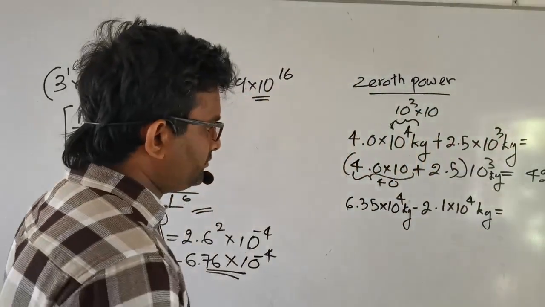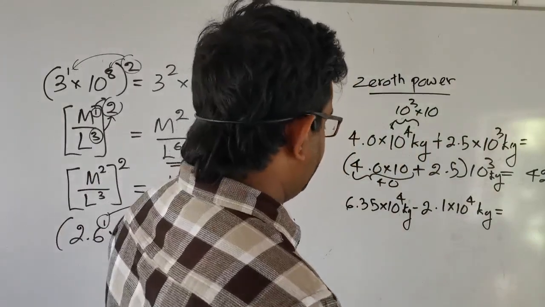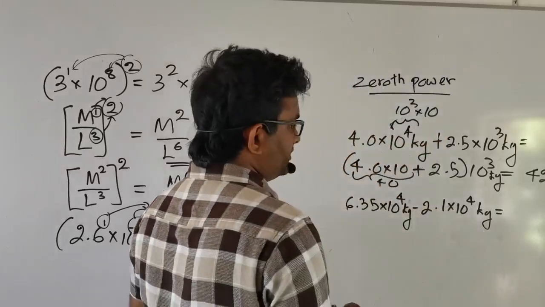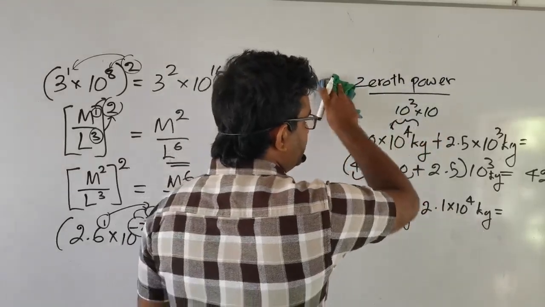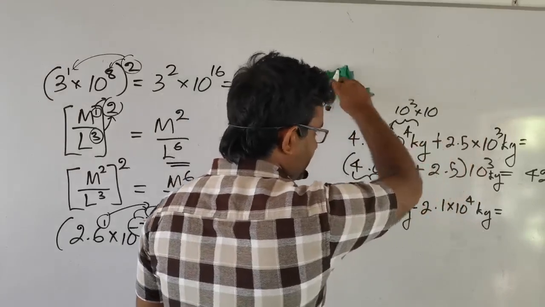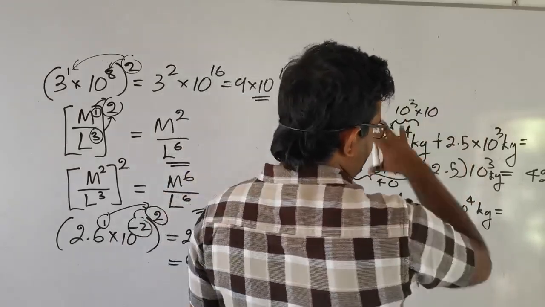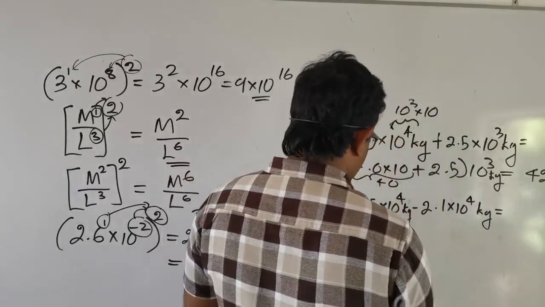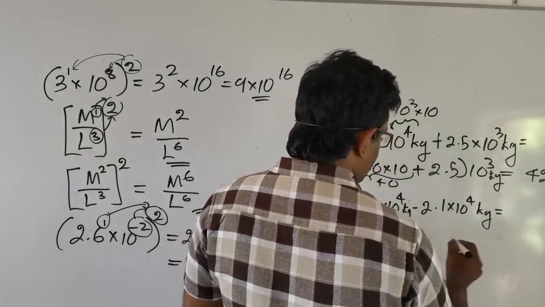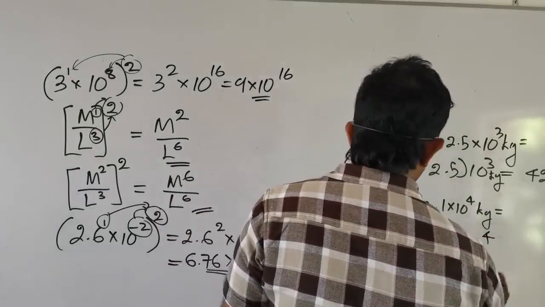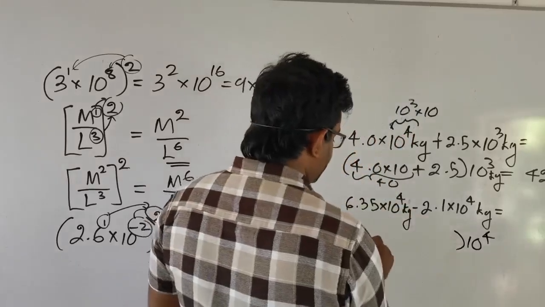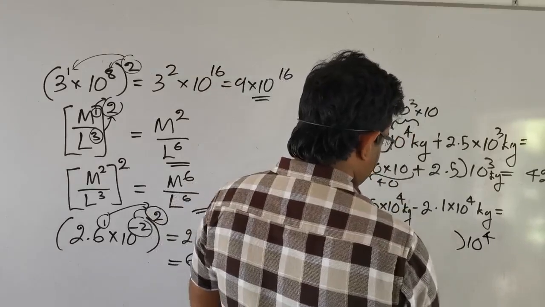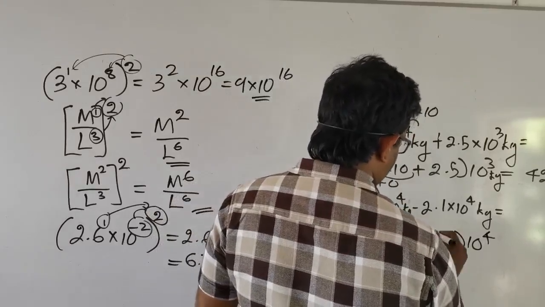Okay, right. This one is also a similar one, we need to subtract that. The 0th power we will discuss now, not about that one. Then here also we have common factor 10 to the power 4, so we can take it out from the bracket, and 6.35 minus 2.1.